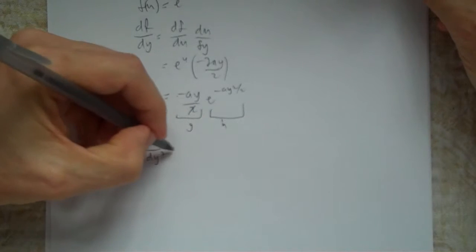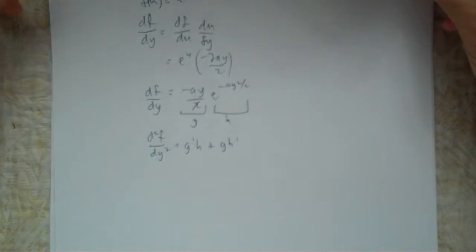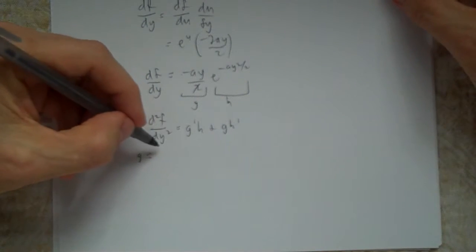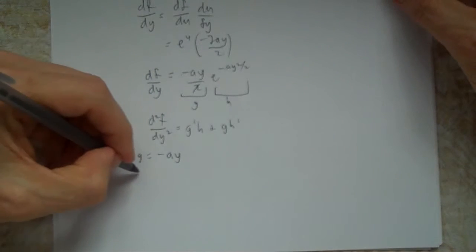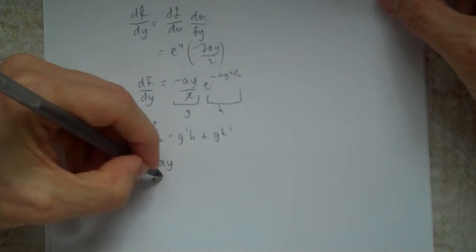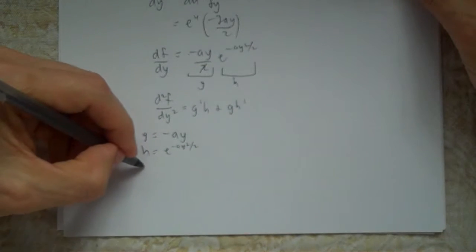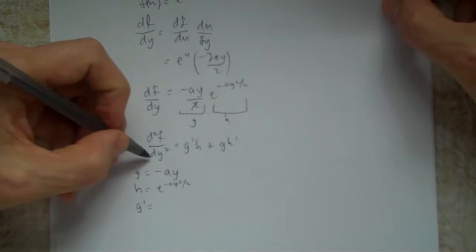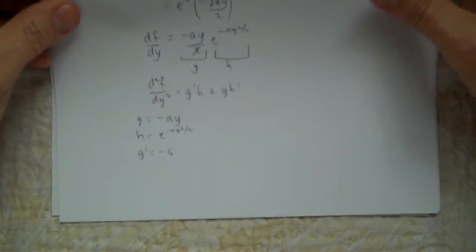So the derivative is g prime h plus g h prime. g is equal to minus ay. h is equal to e to the minus ay squared over 2. g prime, this prime is the derivative with respect to y, is going to be minus a.